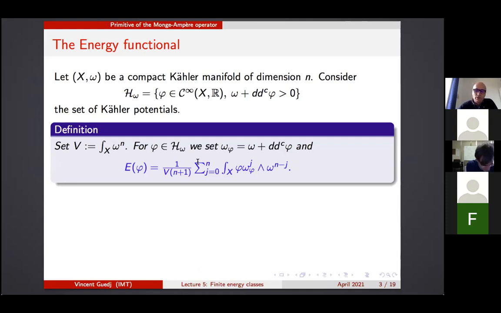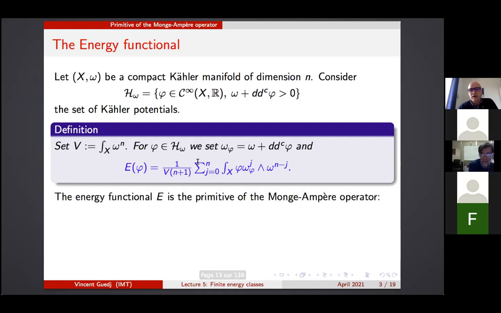And you normalize this summation by dividing by V times n plus 1, the number of terms.